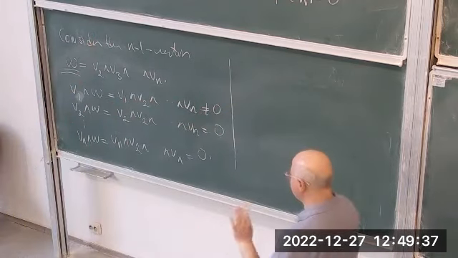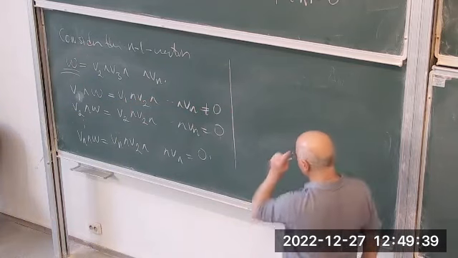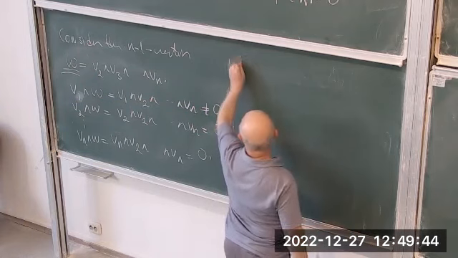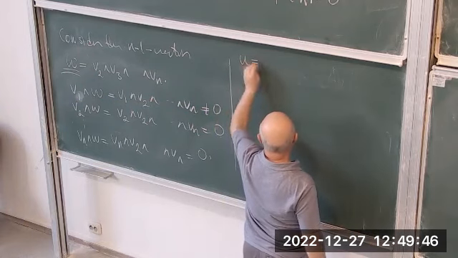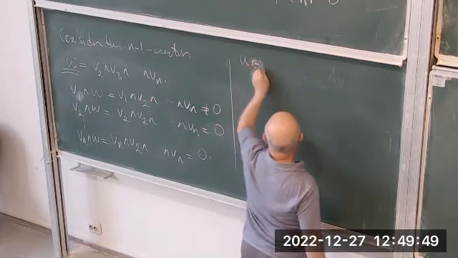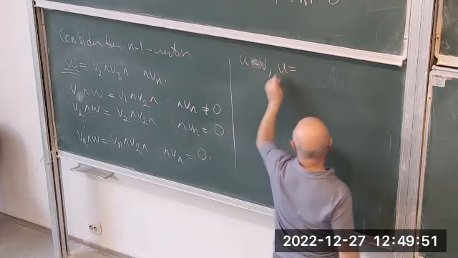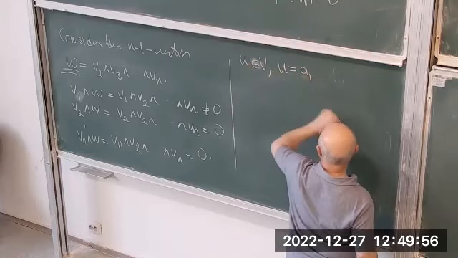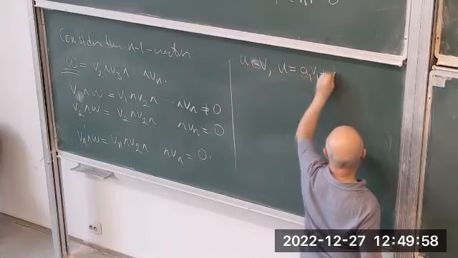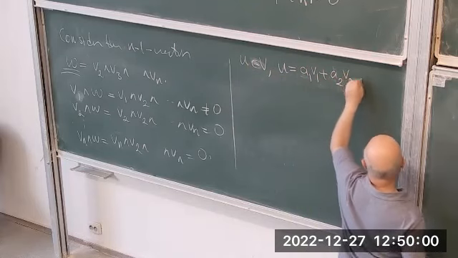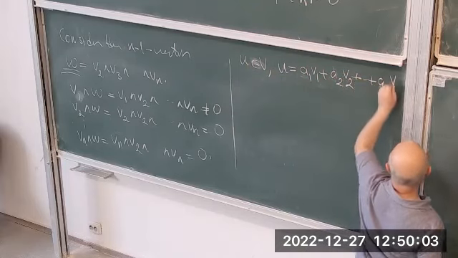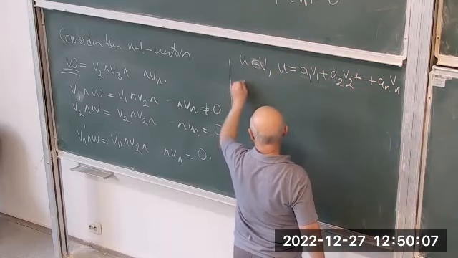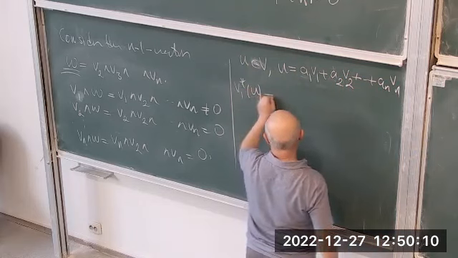And the observation is the following. If U is any vector in V, then of course I can write U in this basis, let's say A1 V1, A2 V2, up to An Vn. Now, what is V1 star of U?